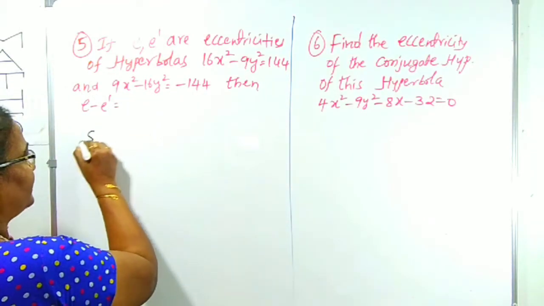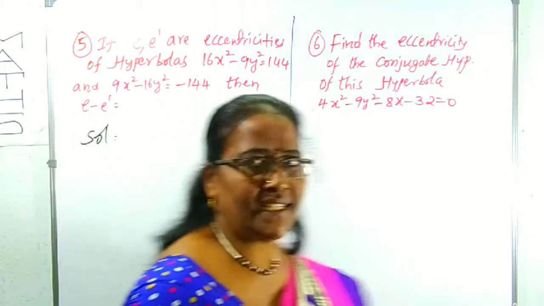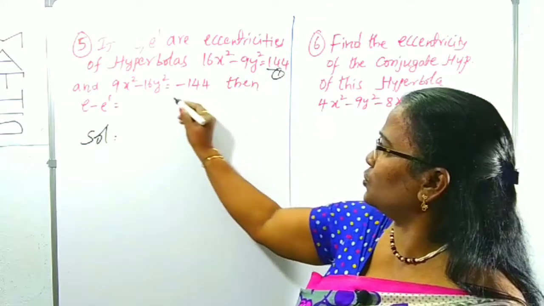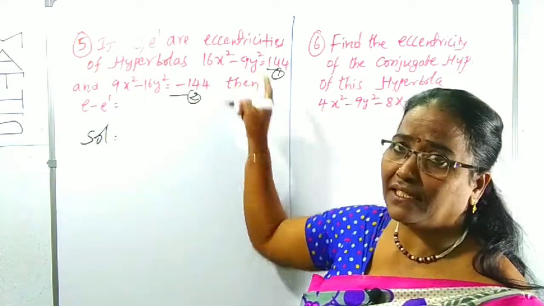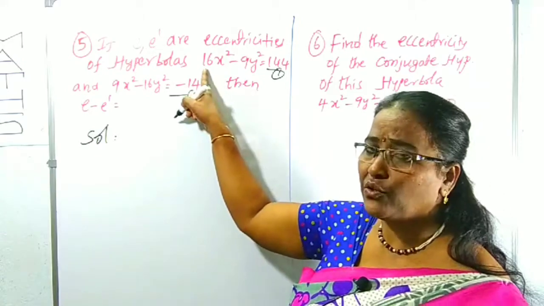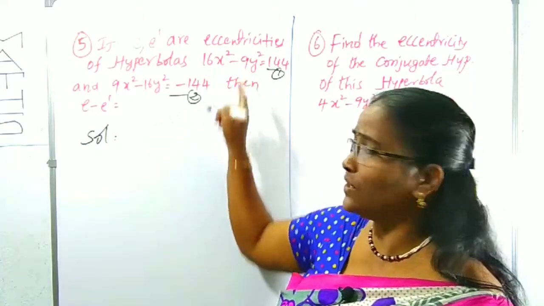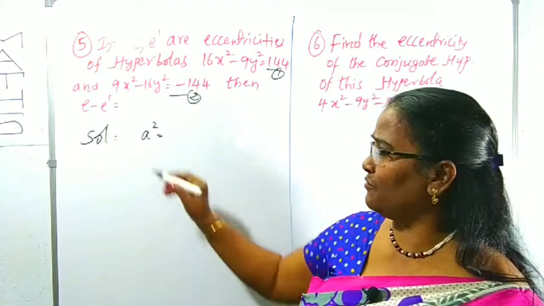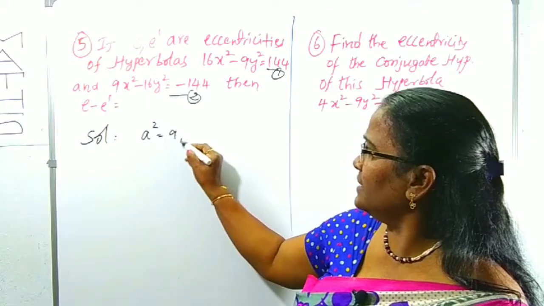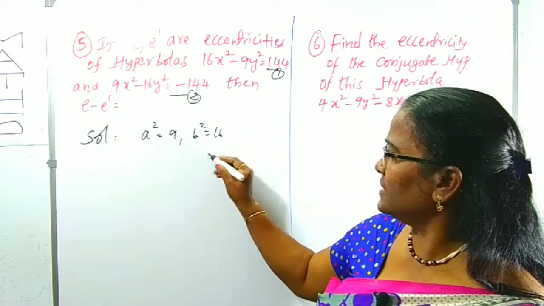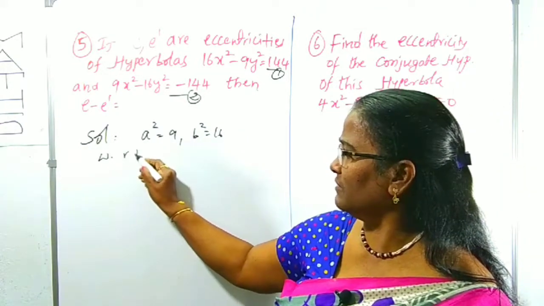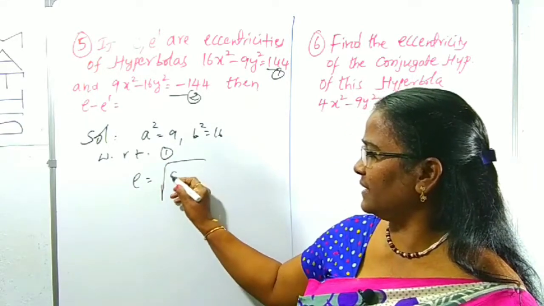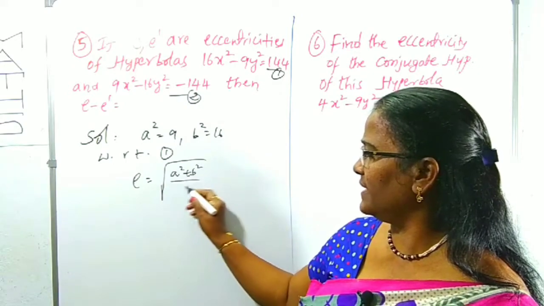Come to the first one, e. You know that clearly, I said, according to equation 1, this is equation 2. According to equation 1, this is clearly a transverse hyperbola. The x square coefficient you can take as b square, the y square coefficient you can take as a square, meaning you can interchange the coefficients as I said. From equation 1, a square is equal to 9, b square is equal to 16. With respect to equation 1, that is given as e. What is that? Root over (a square plus b square) by a square.